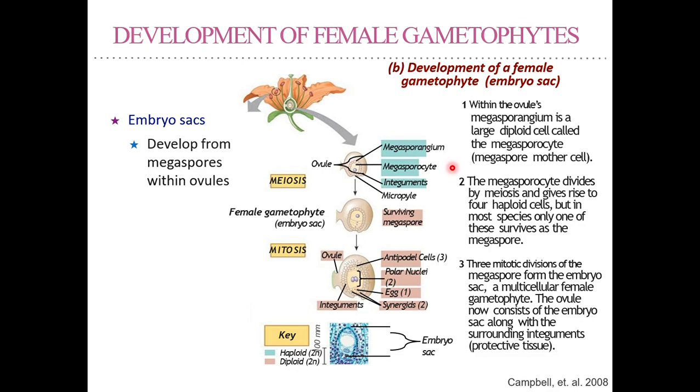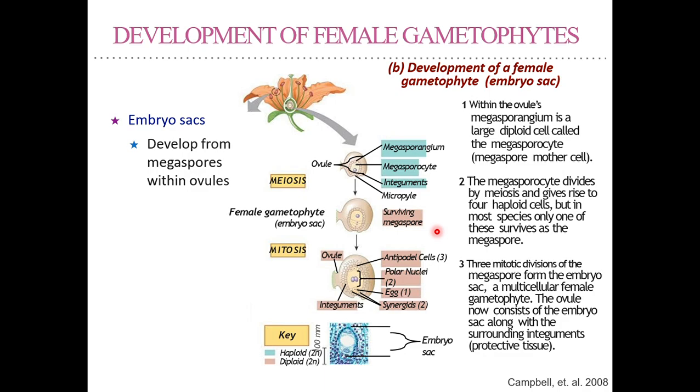And then the megasporocyte divides by meiosis. The meiosis process will give rise to 4 haploid cells. But in most species, only one of these 4 cells survives as the megaspore.